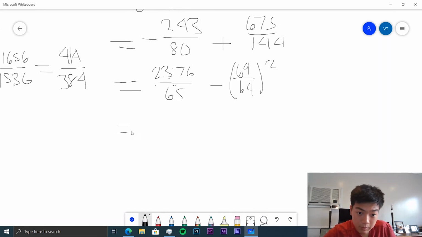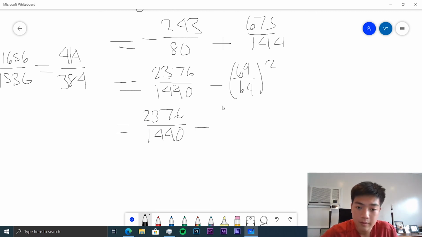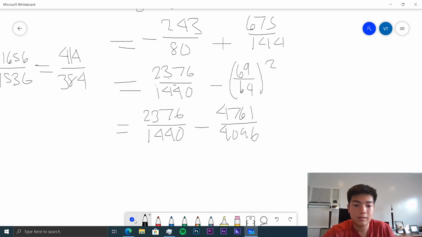So this is equal to 2376 divided by, wait, 80 times 144 divided by 8. Oh wait, this is only over 1440. Minus 4761 divided by 4096. So what common factors do these two fractions have?